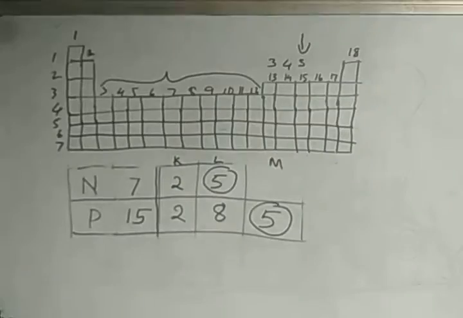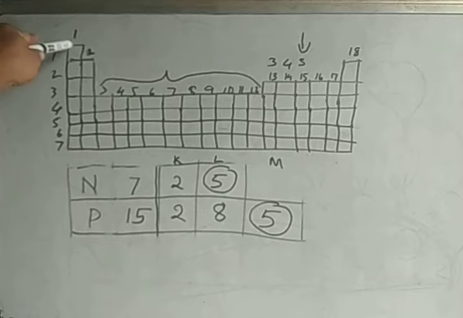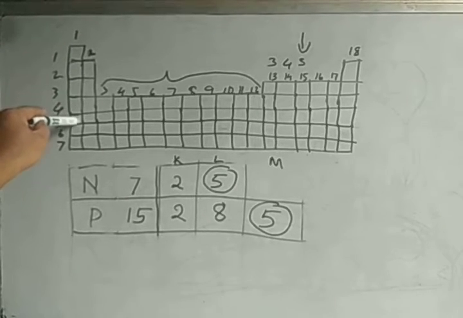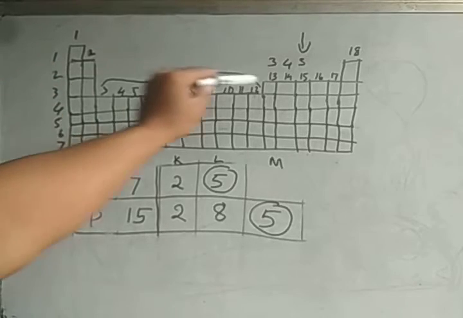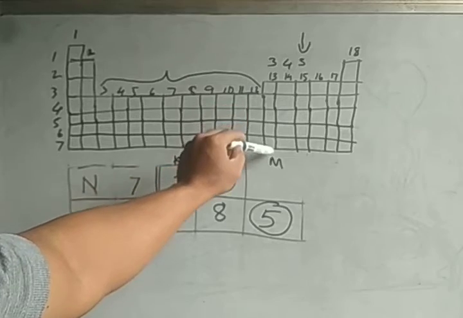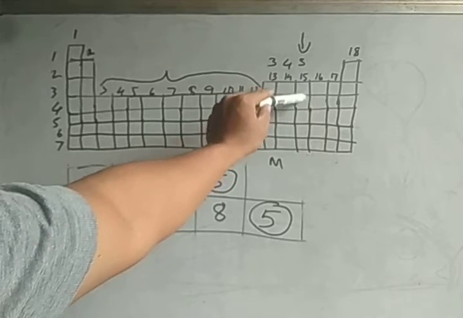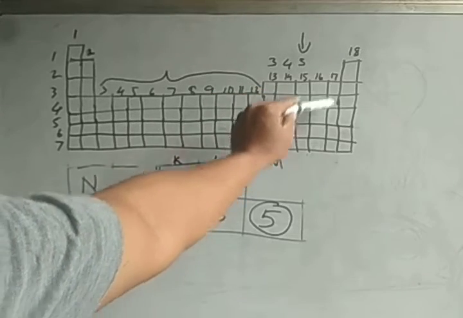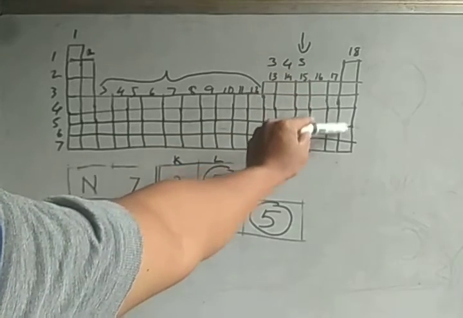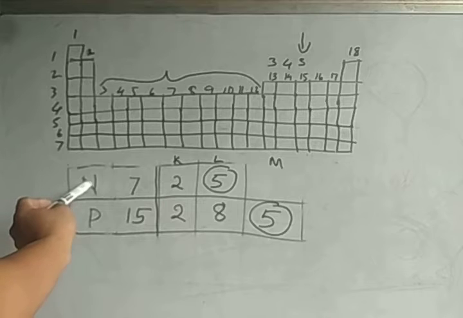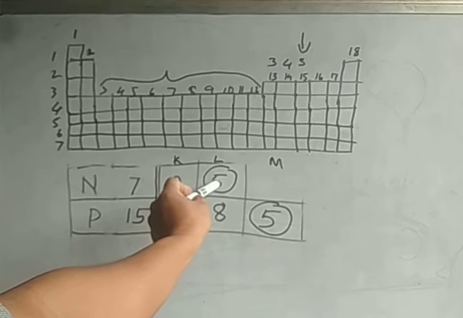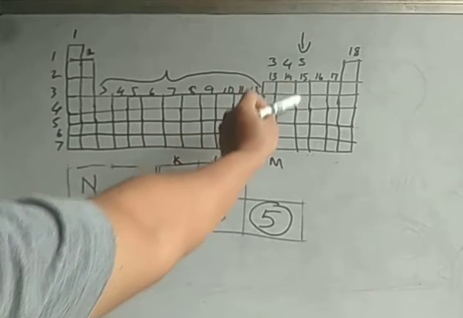That means we know that it has valence electron 1 here, so all these also have 1 valence electron. This will be 2 valence electrons, 3, 4, 5, 6, 7, 8 valence electrons. From here, what you can see is that nitrogen has 5 valence electrons. That means it is in group 15.